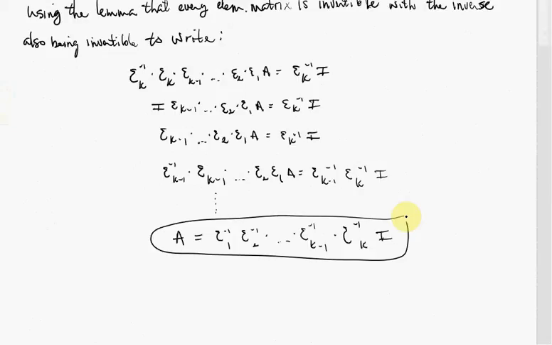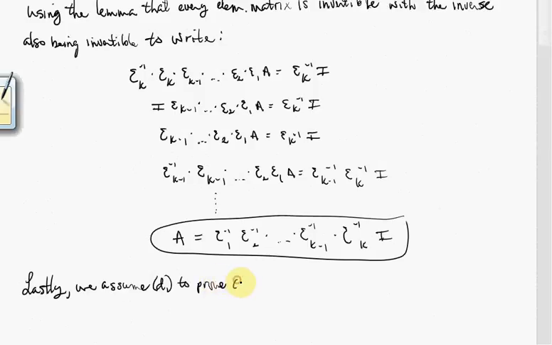So now the last part is to assume D to prove A. Lastly, we assume D to prove A. Oh yeah, by the way, this proof is on the test.